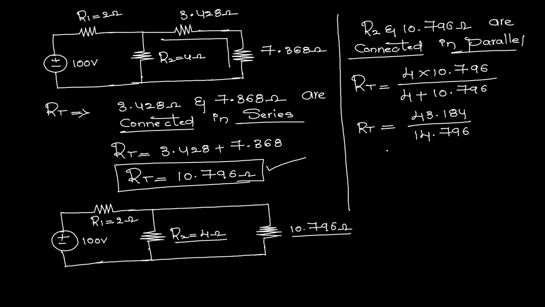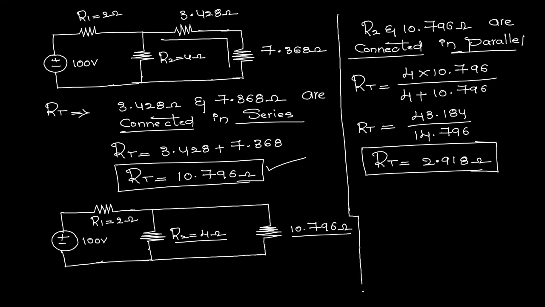Okay, now if you simplify this, 43.184 divided by 14.796, you will get the total resistance equal to 2.918 ohms. Now this is the resultant of what? The parallel combination of R2 and 10.796.